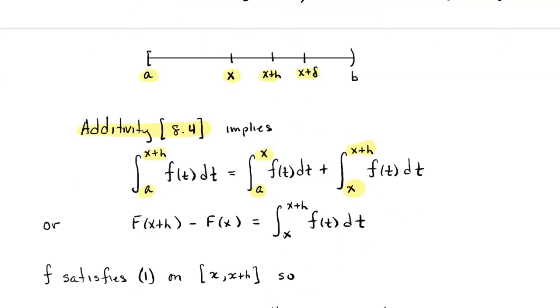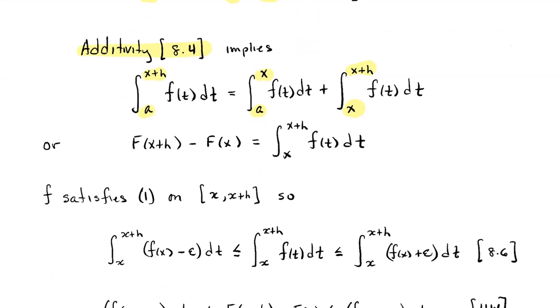Good. But on this interval from x to x plus h, the picture just slid off, but that interval from x to x plus h, it's in our delta neighborhood. So our function satisfies equation 1. That is, for every input in that interval from x to x plus h, the output is at least f of x minus epsilon, but it's no more than f of x plus epsilon.